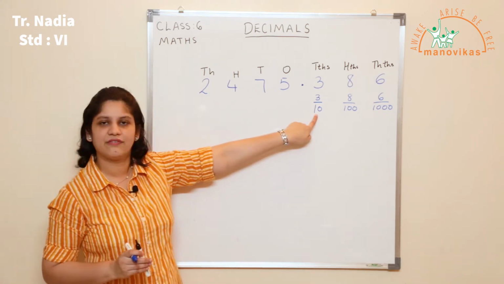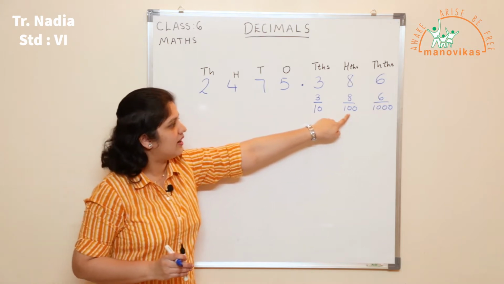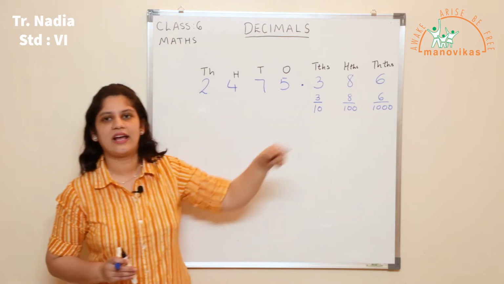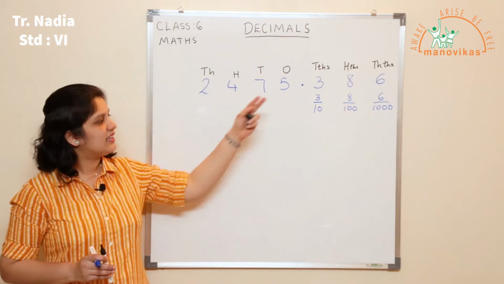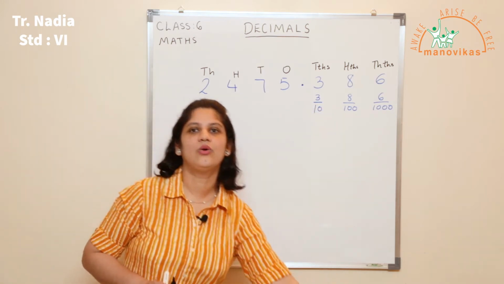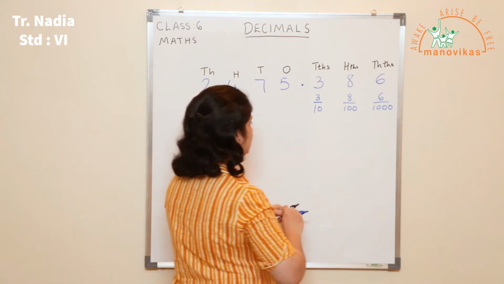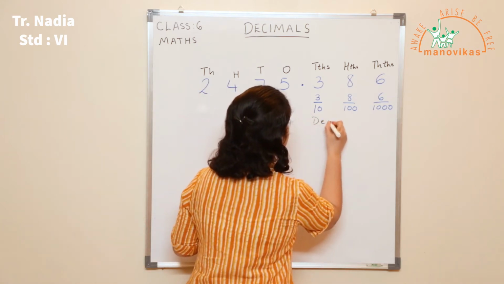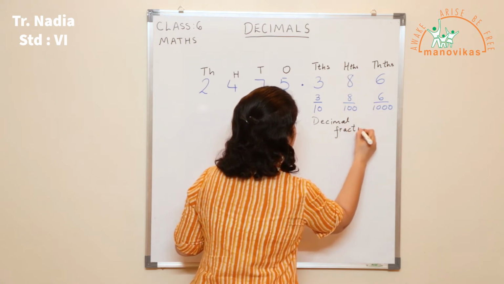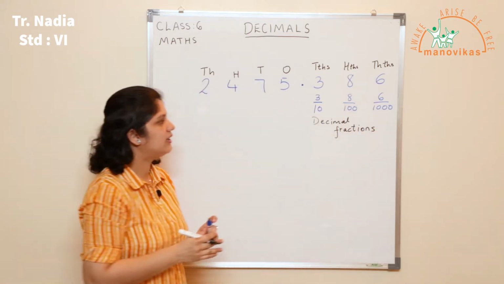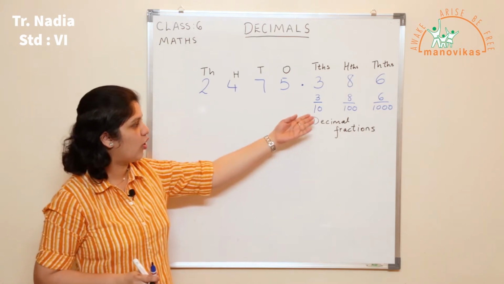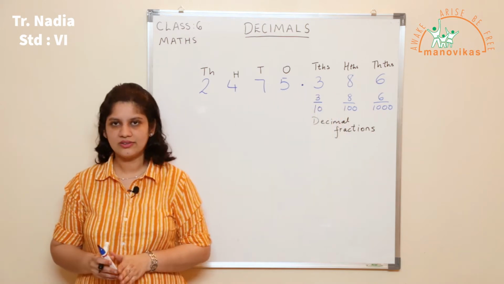The tenths are a fraction upon 10, the hundredths are a fraction upon 100, and the thousandths are a fraction upon 1000. Now such fractions which have denominator 10, 100 or 1000, they are called decimal fractions. Okay, so these are all decimal fractions. Decimal fractions are fractions which have denominator 10, 100 or 1000.